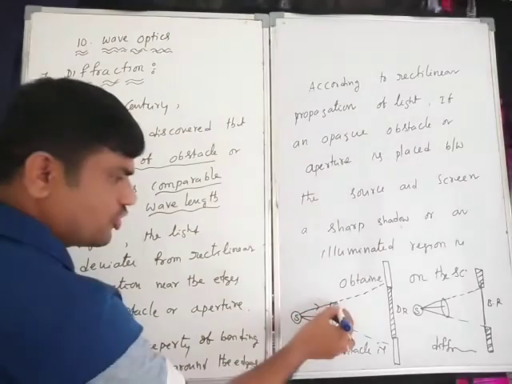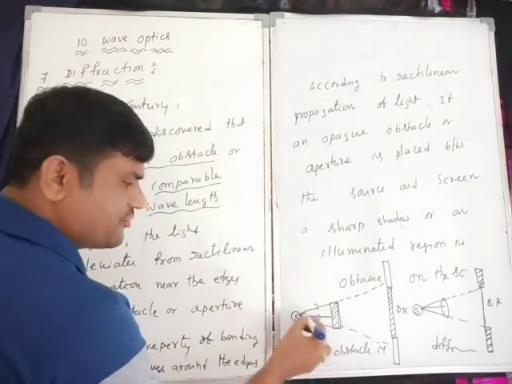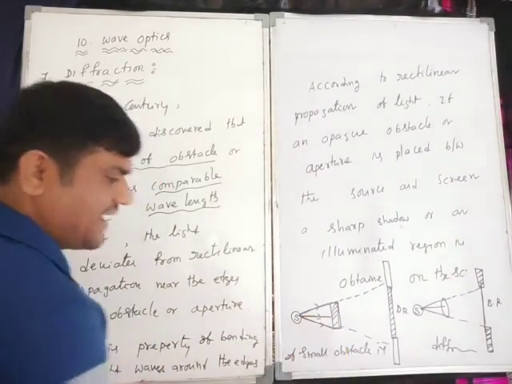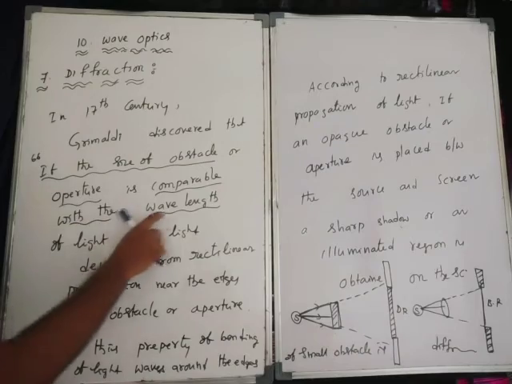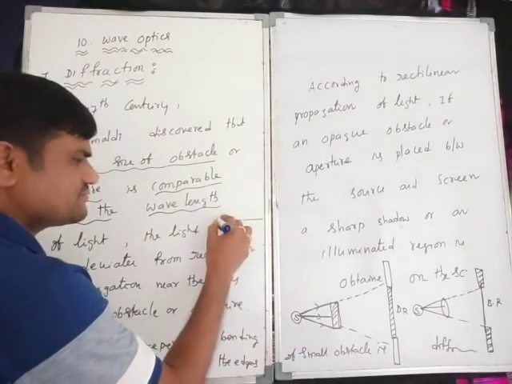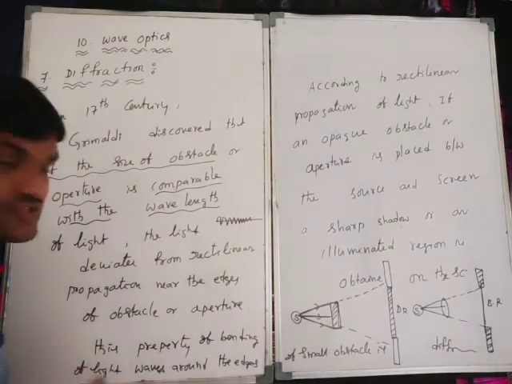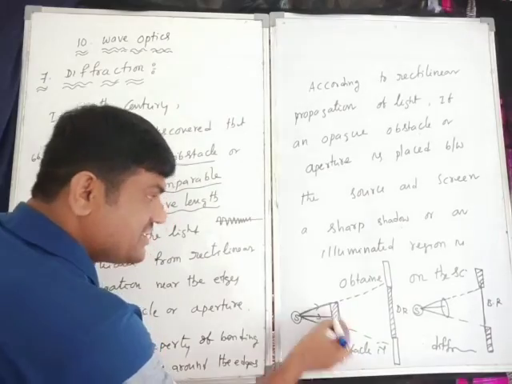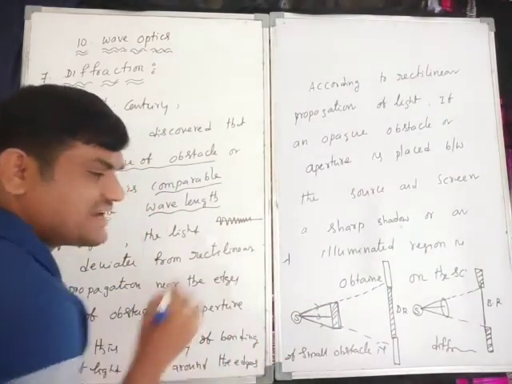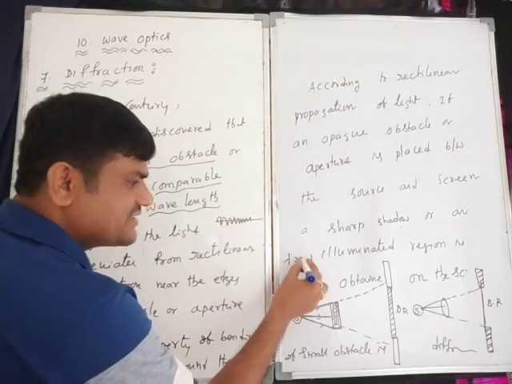That means this length and the wavelength of light are very small. The wavelength of light is very small. Now I will consider the wavelength of light as lambda and this size as d.